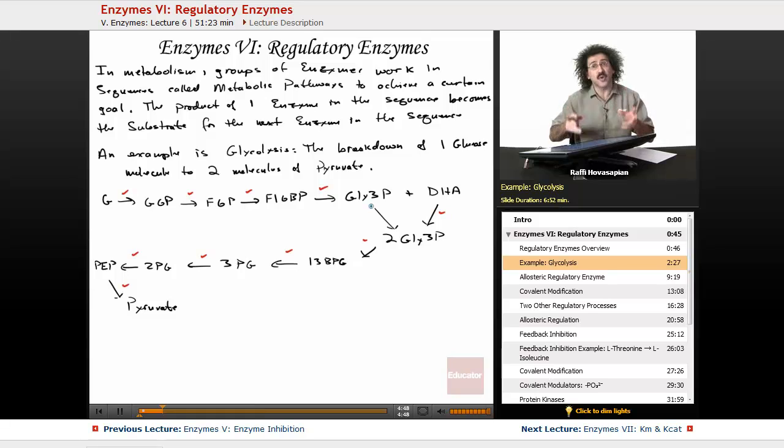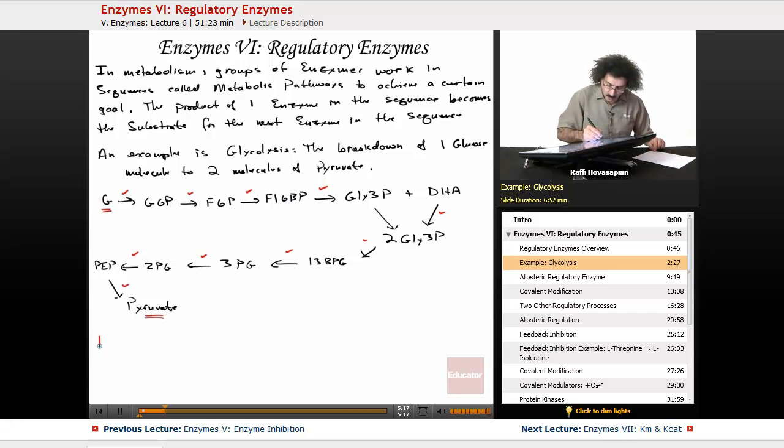It's going to control the flow of glucose through this pathway. This is the first one. This is the last one. Now, the regulatory enzyme doesn't have to be the first or the last. It tends to be often. It can be somewhere in the middle too. But ultimately it's controlling the flow of the initial substrate all the way through to product. So that's all that's going on here.